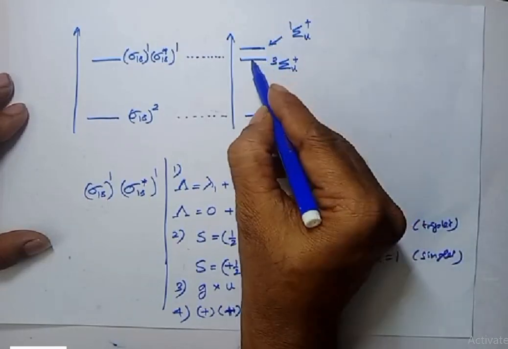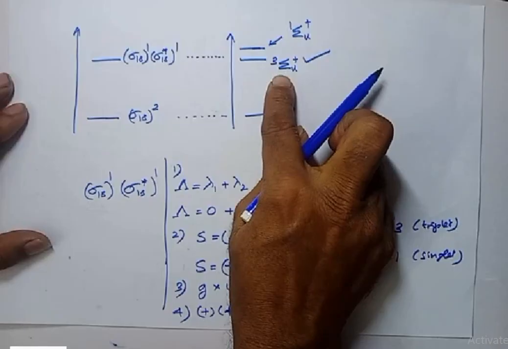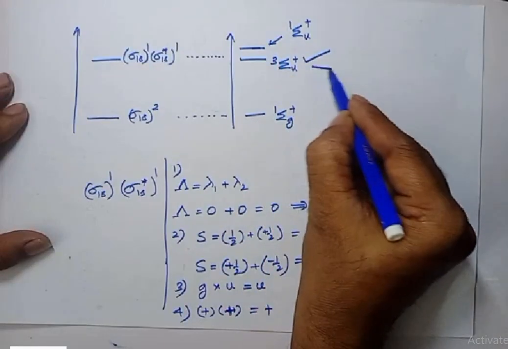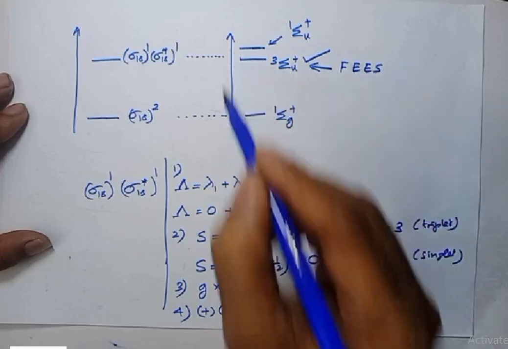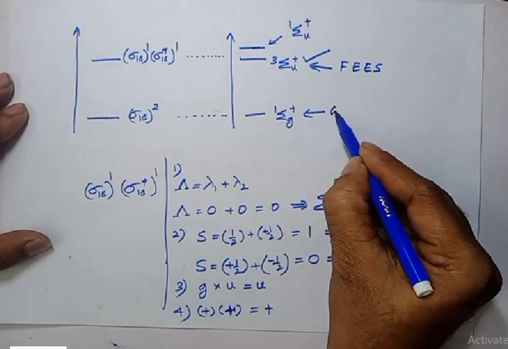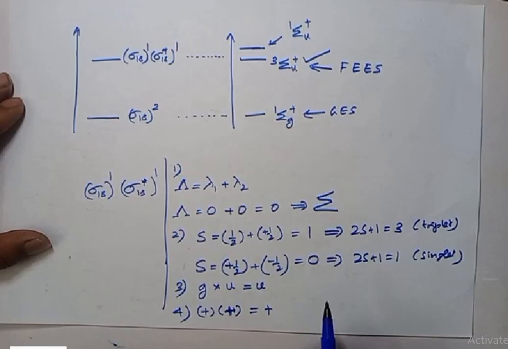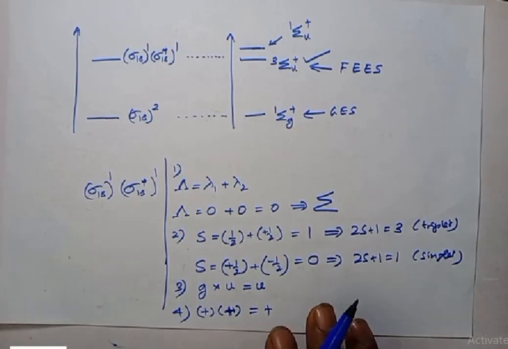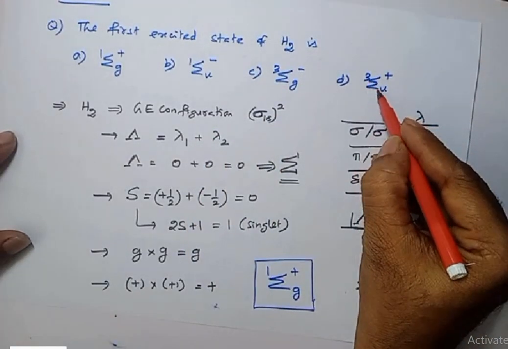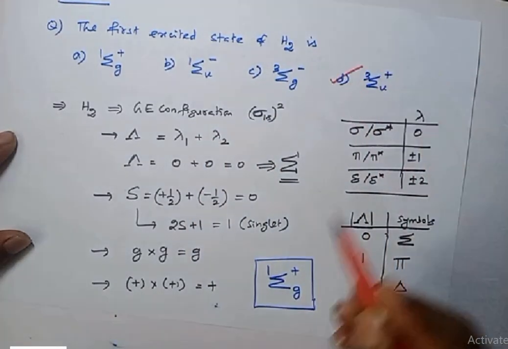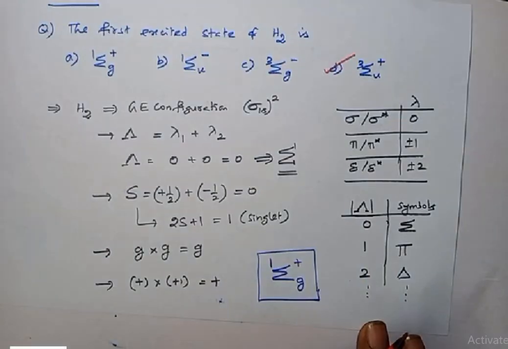Among the two, the first one corresponds to the first excited electronic state. So this is the first excited electronic state term symbol, and this is the ground electronic state term symbol. Therefore, the correct answer for this question is triplet sigma ungerade plus, option D.